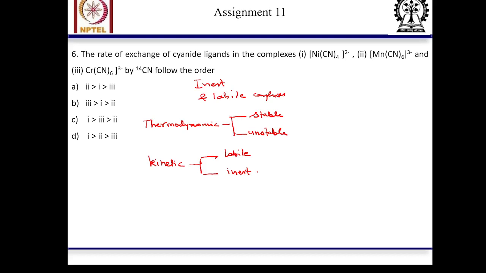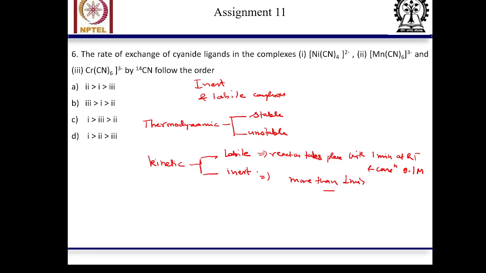Labile means the reaction takes place within 1 minute at room temperature with 0.1 molar concentration. Inert means it will take more than 1 minute. So this is the definition for the kinetic term, basically whether it is reacting or not.